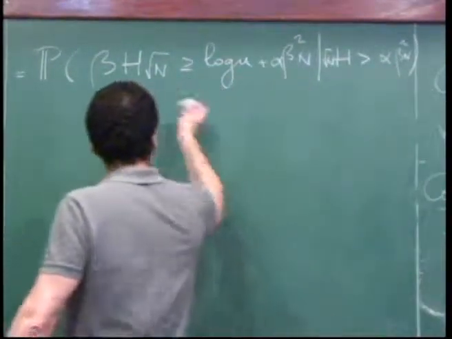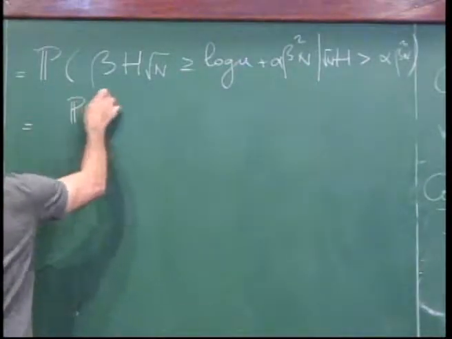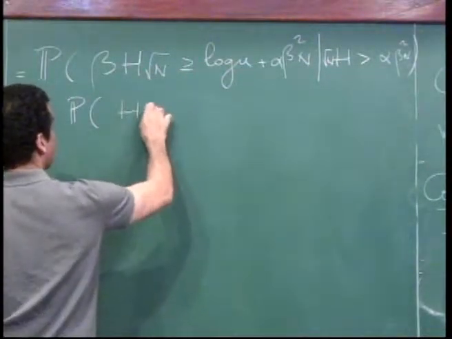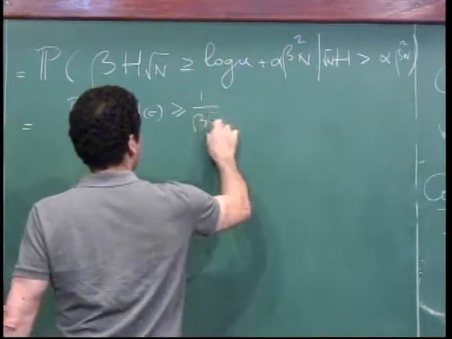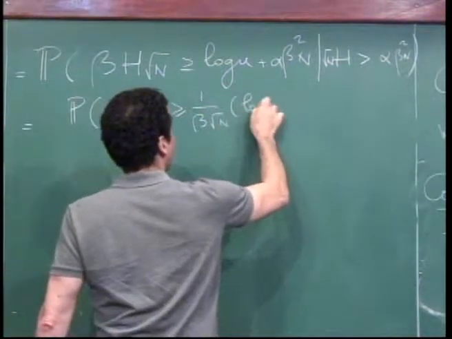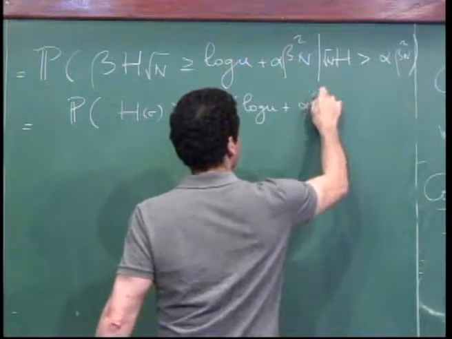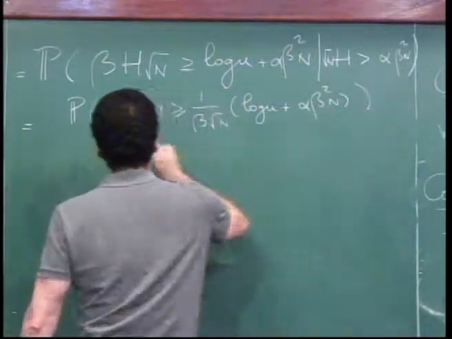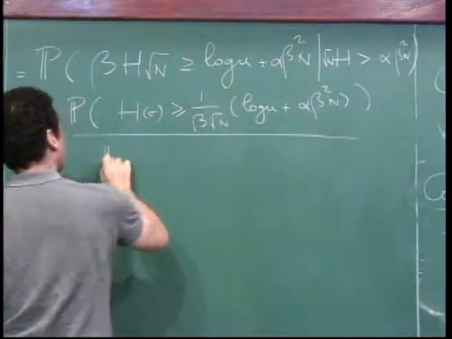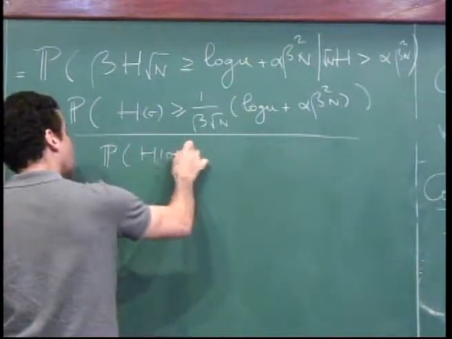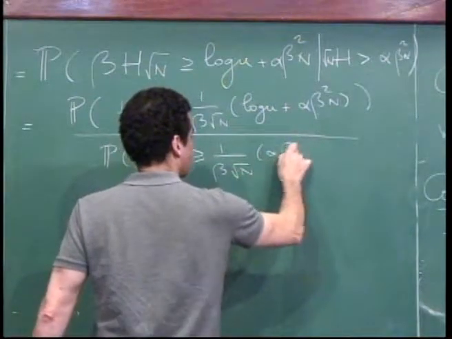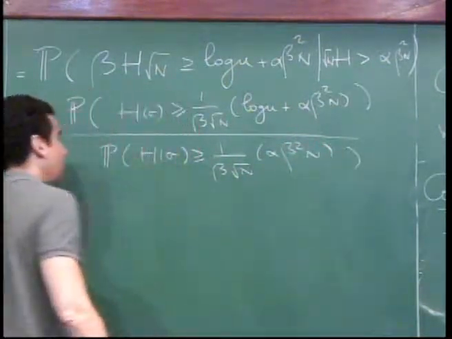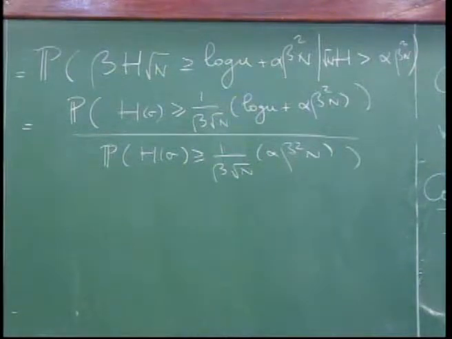All right. This, of course, is simply the ratio of the probability that h of sigma is larger than 1 over beta square root of n times log u plus this, divided by the probability that h is larger than the same thing without the u. Now, h being a Gaussian variable, you know the tail.